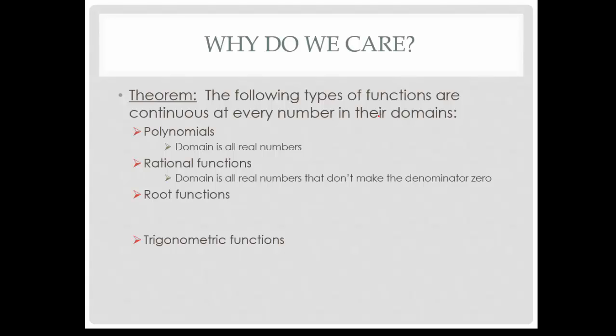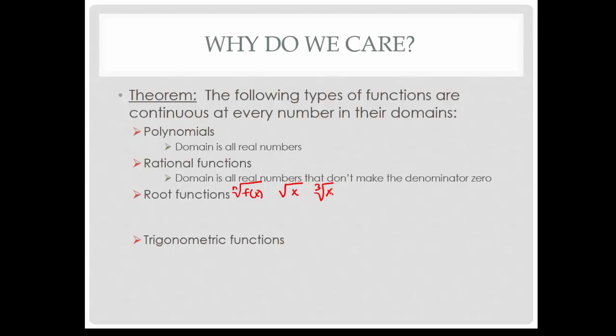Root functions, it's a little bit more complicated. If you want the domain of a root function, it depends on the index of the function. So by index, we mean this little n right here. So for example, if there's no n written there, if you see something like this, we know that that's the square root of x. Your n, your index, is 2, as opposed to something like the cube root of x.